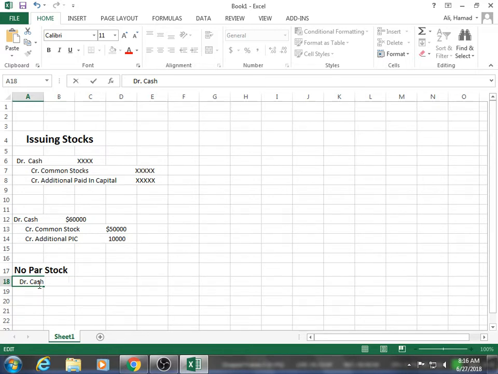It's 5,000 shares at $15, that would be $75,000. And we're going to credit common stock for $75,000.